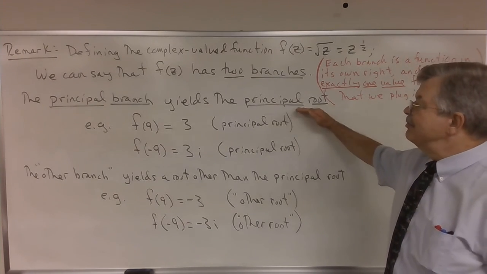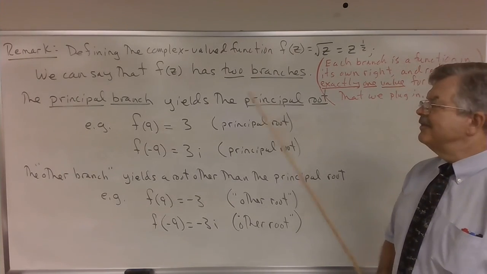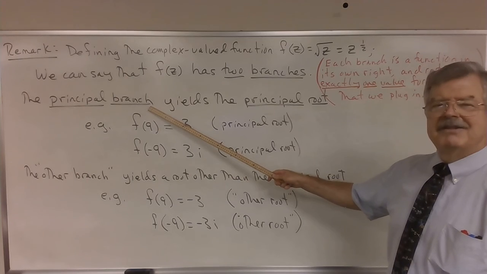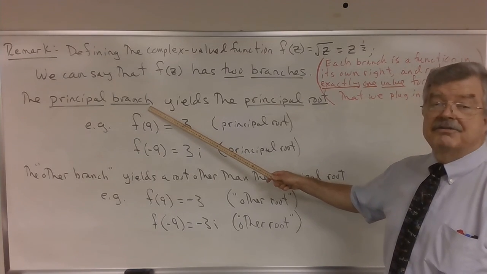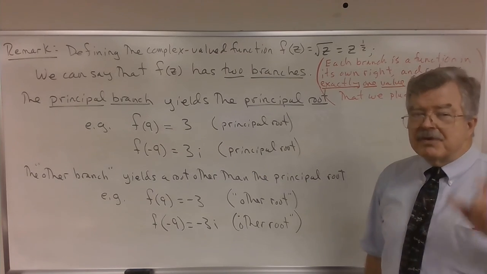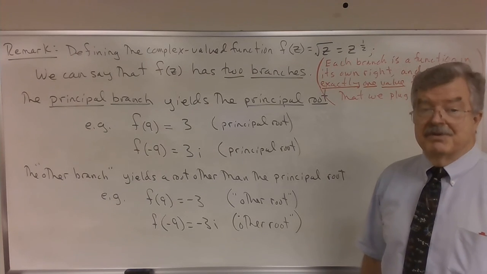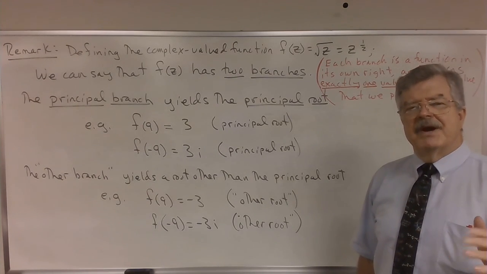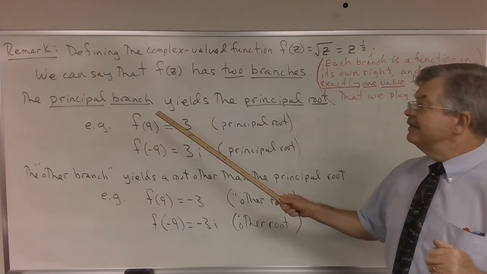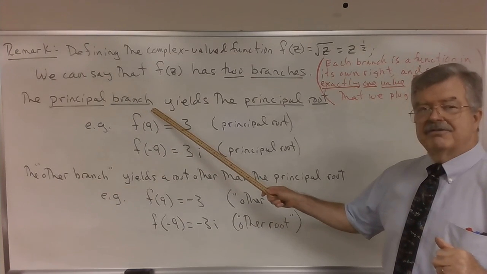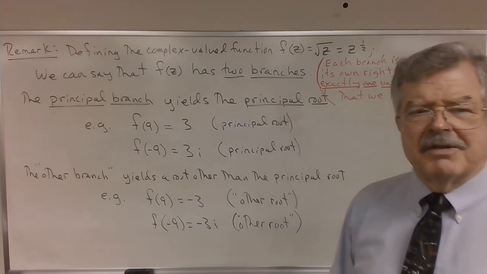But the principal branch will yield the principal root, and we would say that this principal branch defines the function in the canonical sense. For example, the square root of a positive real number is going to be the positive root. That's the square root function in the canonical sense, and that root is the principal branch. Now we'll look at some other functions.